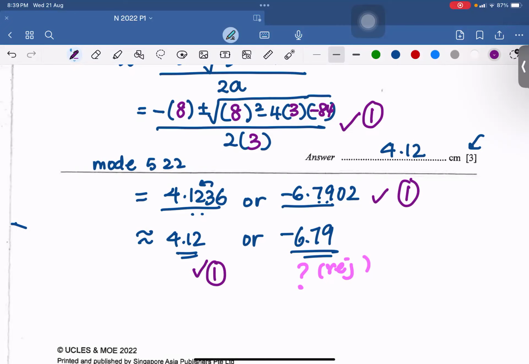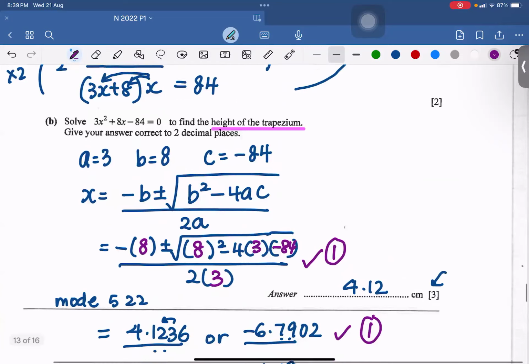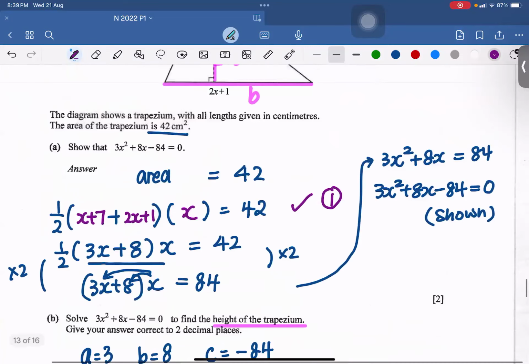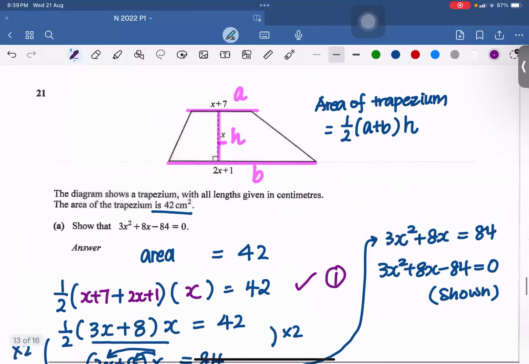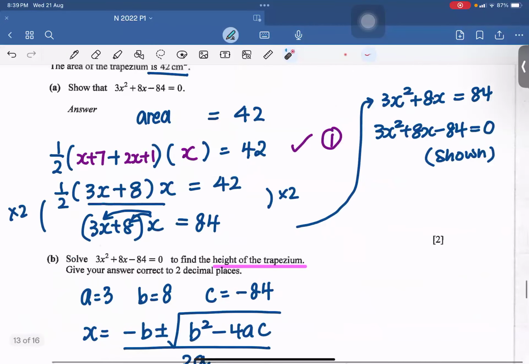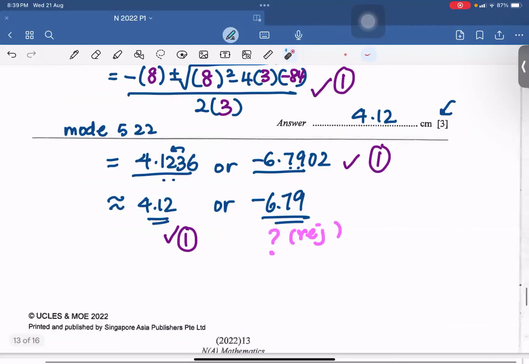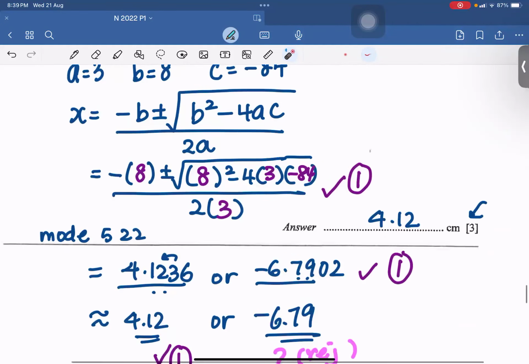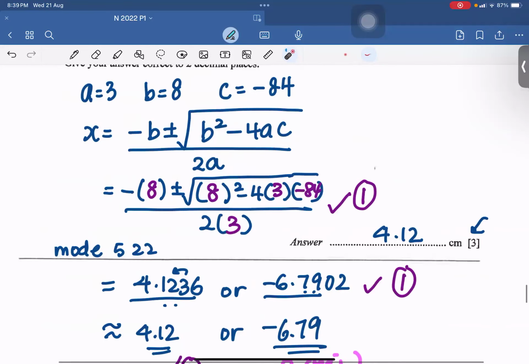Sometimes the question might be a little trickier, they say find the length of something else, then you need to substitute. So this question should be doable. Remember the formula and plug in.